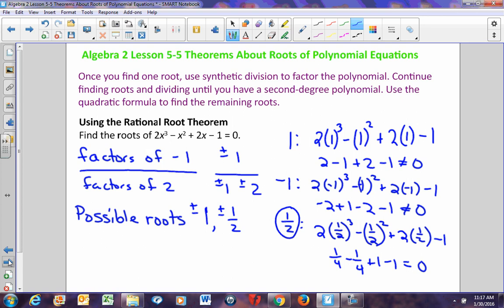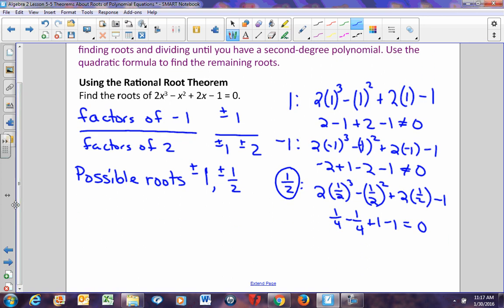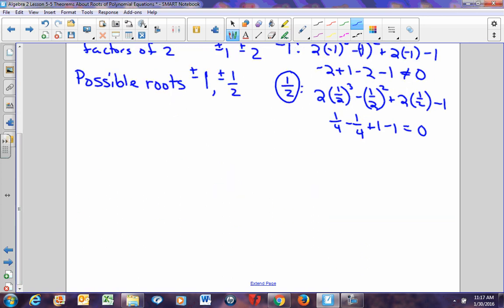Now that I know that, I'm going to use synthetic division at this point in time. Okay? So remember my original equation. Okay? My original equation, in case it's off the board here, is 2x to the third minus x squared plus 2x minus 1. So I know that 1/2 is a root, so I'm going to take 1/2 in here.